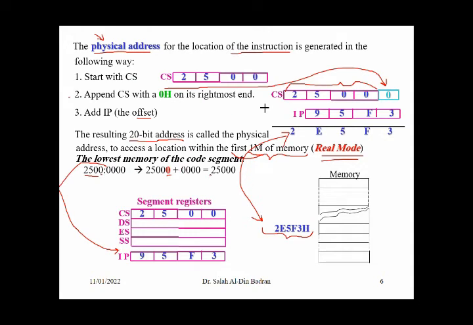We got these 5 digits. This is 4 digits, this is 4 digits. We got 5 digits because we appended this 0 to the number of the code segment. We got these 5 digits, the 1 mega. We call this the lowest memory, the lowest location in memory.